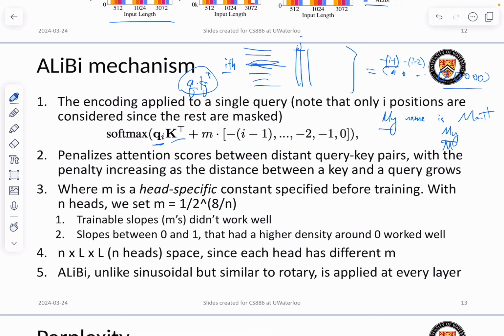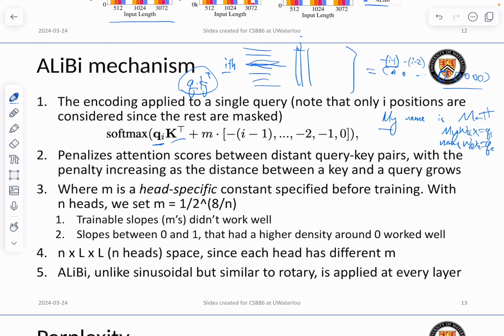This is basically W_Q times X1 equal to Q1, and then we're going to have "name", which is X2, so we're going to get Q2 here.